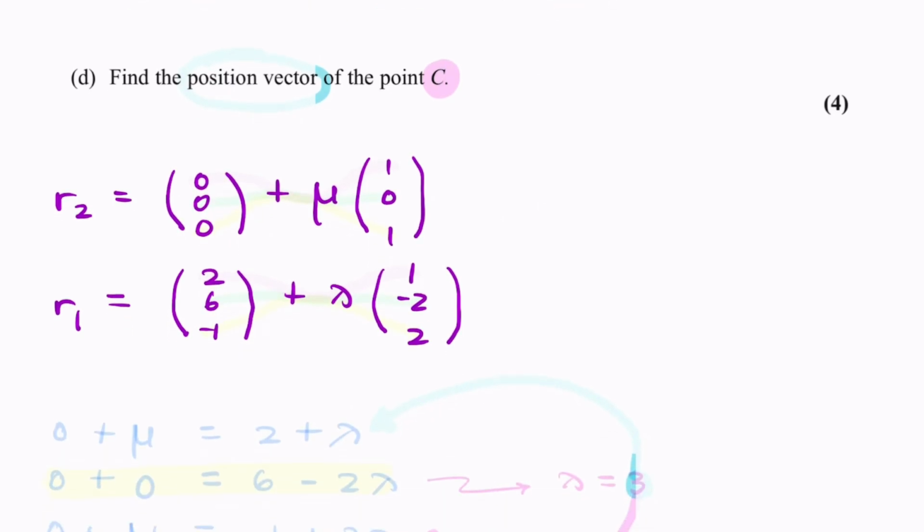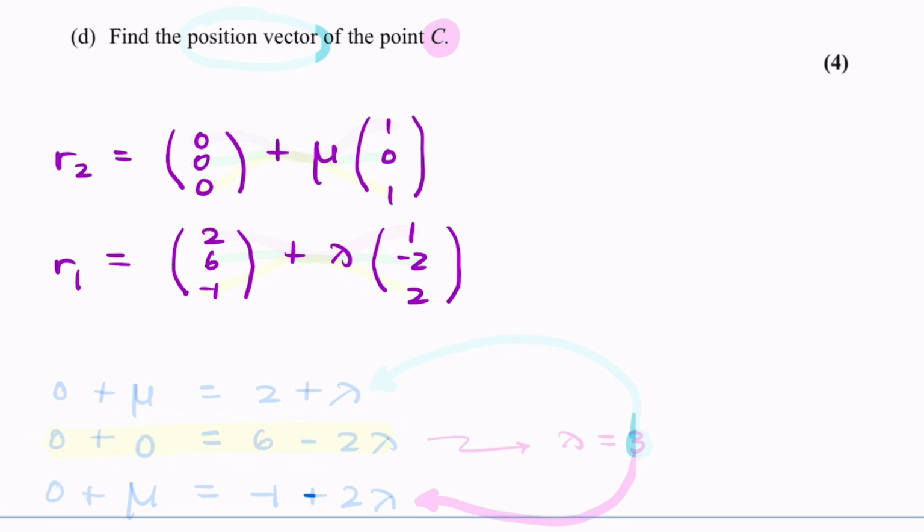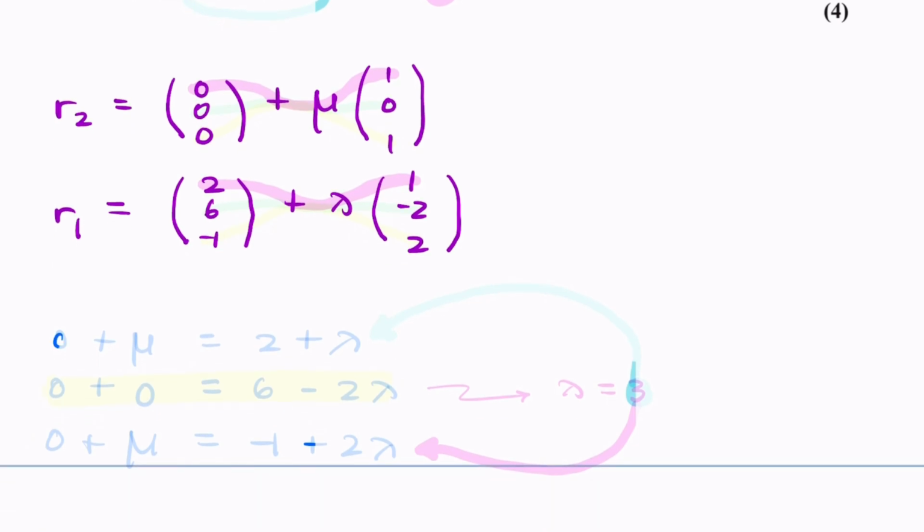So we can write this out like that, and we can say essentially that the x-coordinate of R1 should equal the x-coordinate of R2. Let's write that out. So 0 plus mu equals 2 plus lambda.